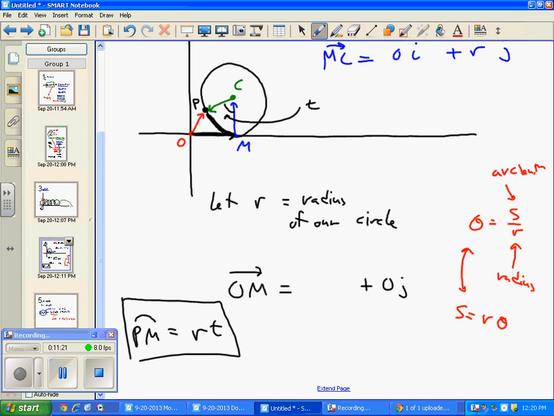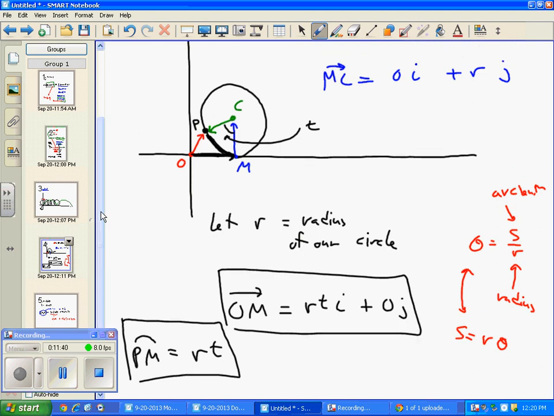And then over here, well, we just figured it out, right? We move the distance of r times t along in the x direction. So it's r t times I. Okay. We're on our way. This is looking pretty good because now I have two of the vectors that I'm going to need. I just need one more.